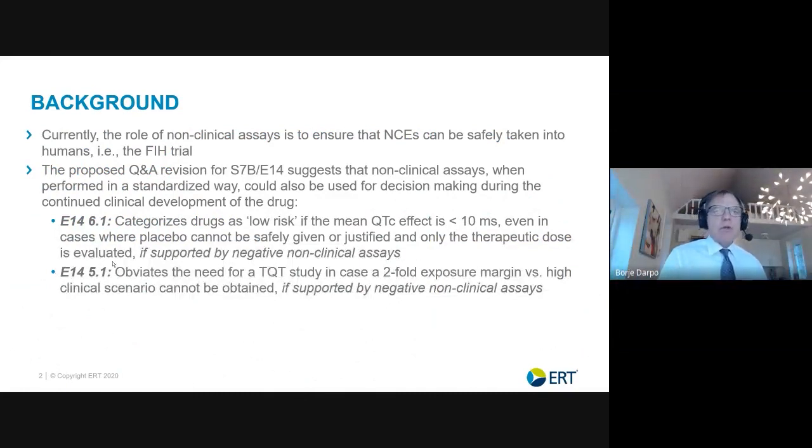And this is, as you can understand, mostly oncology. Question 5.1 obviates the need for a therapeutic study in case a twofold exposure margin versus the high clinical scenario cannot be obtained, again, if supported by negative non-clinical assays.